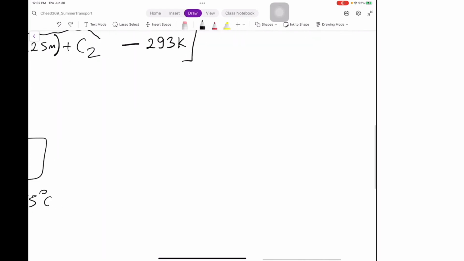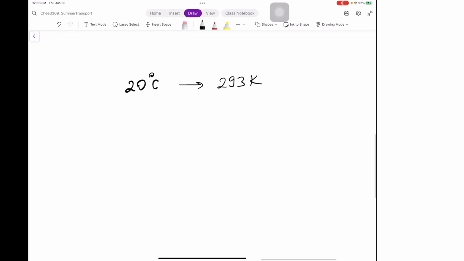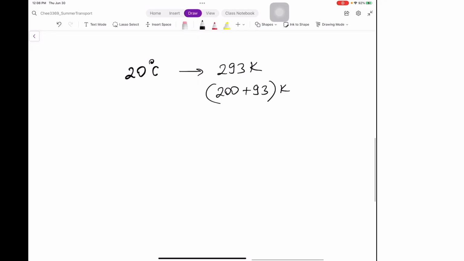So imagine the following. Imagine that you're talking about 20 degrees. How many Kelvin is that? 293 Kelvin, correct? Now imagine that you just split it into two. You write it as 200 plus 93 Kelvin, correct? Now, if you want to change this to centigrade, do you subtract 273 from both of these, or just from one of them?